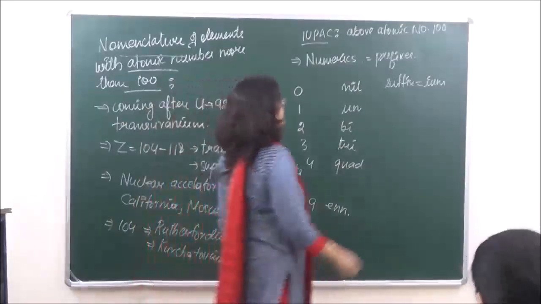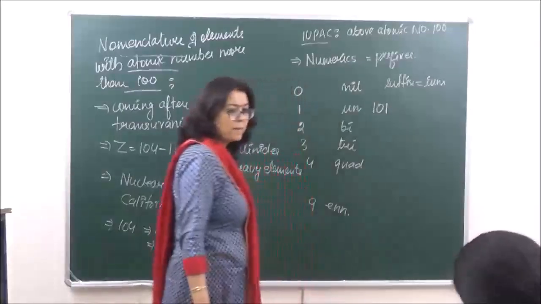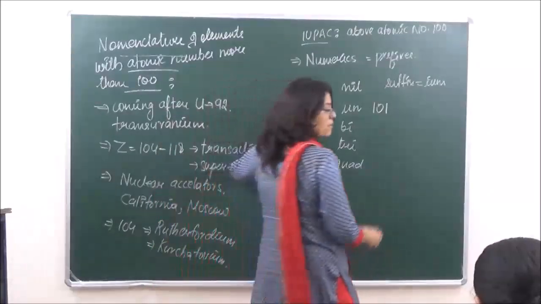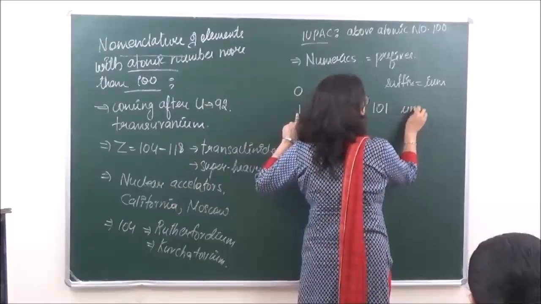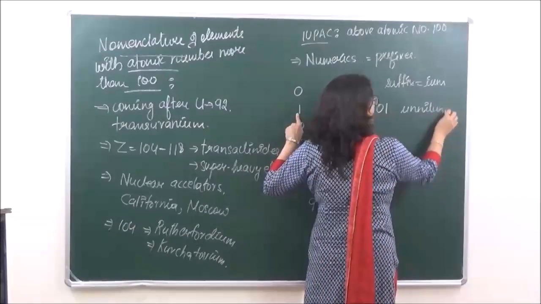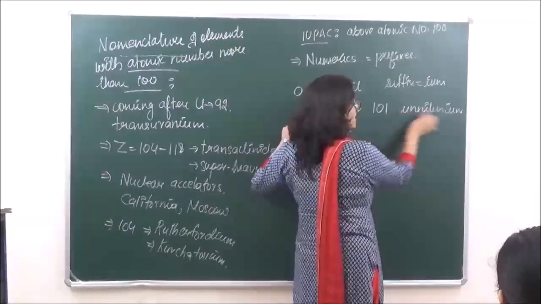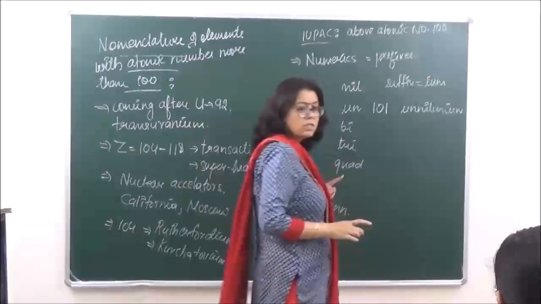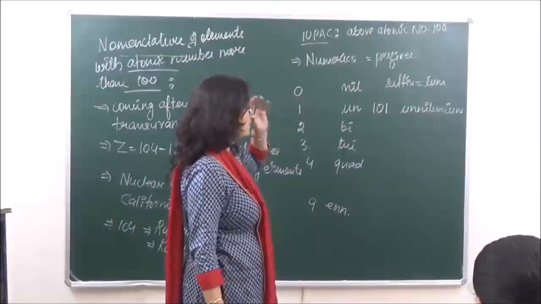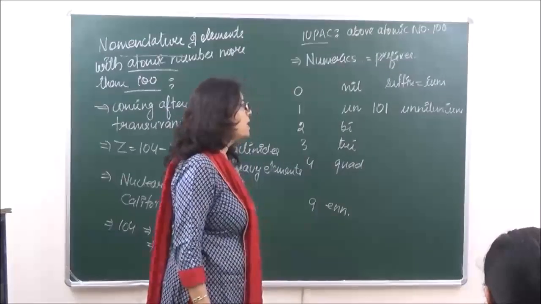For example, if we have 101 as the atomic number, for 1 the prefix is un, then nil, then un, followed by the suffix ium. So the element with atomic number 101 is known as unnilunium.